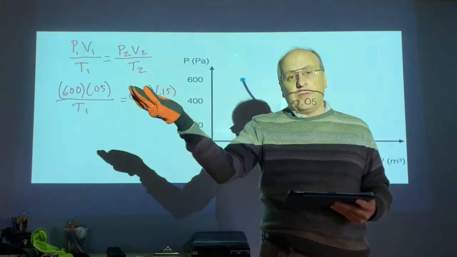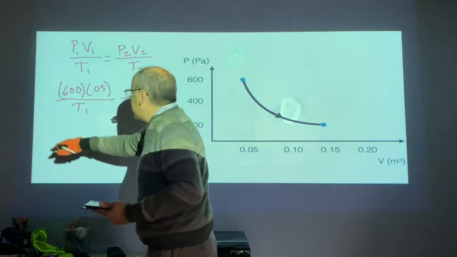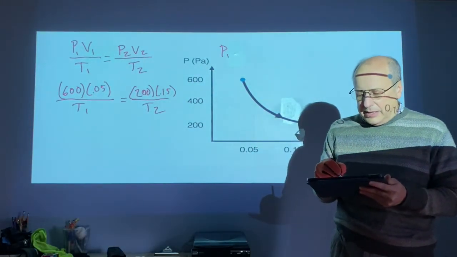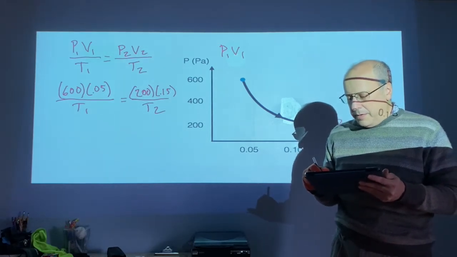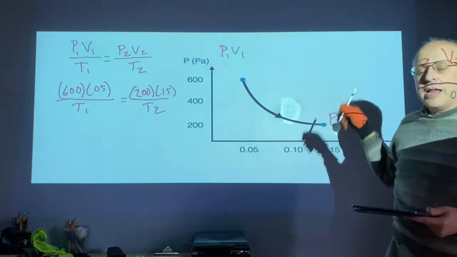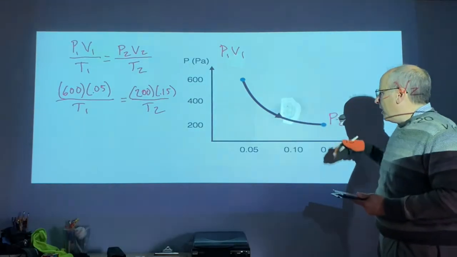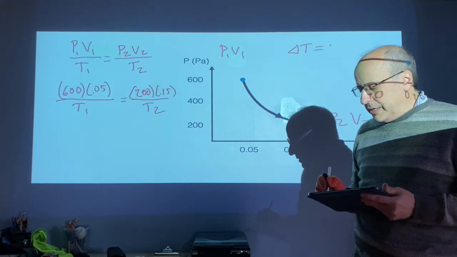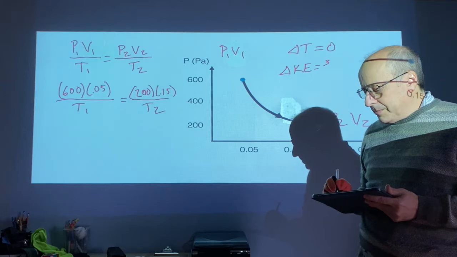Okay, if the top of our fractions are equal, and the fractions themselves are equal, these temperatures must be the same. So the way you check to see if it is isothermal is you do P1, V1, P2, V2, and you check to make sure that the product of pressure and volume does not change. It'll be a perfect inverse graph. And since there's no change in temperature, you have no change in kinetic energy.